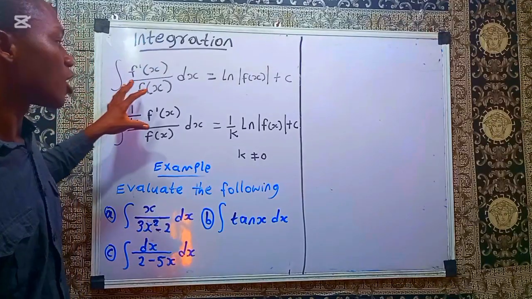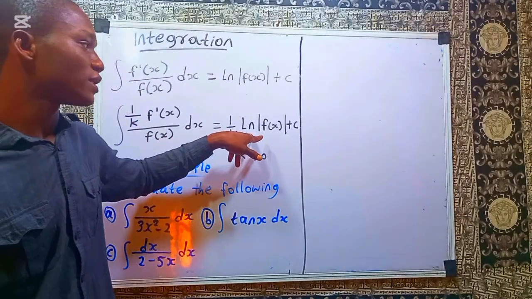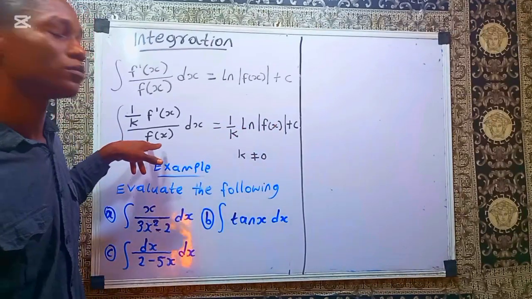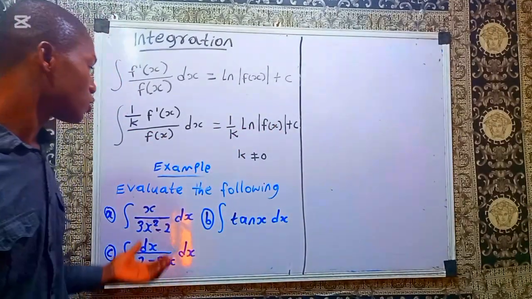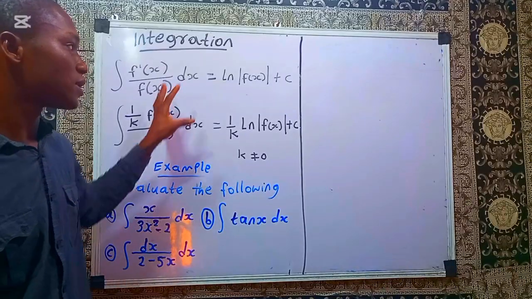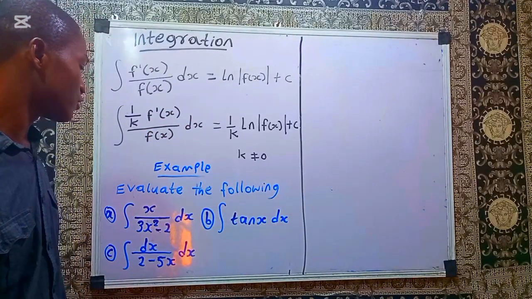Then the integral of this will be 1 over that k multiplying ln of the absolute value of the denominator, that's your f of x, plus the constant of integration c. So we are going to use this format to perform these integrals given to us.